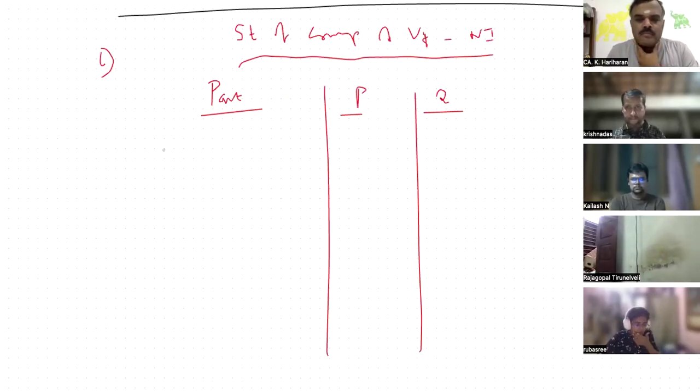The total asset is 30 lakhs. Asset is equal to liability, so we can consider that as the capital employed, because that is the available data. 30 lakhs.